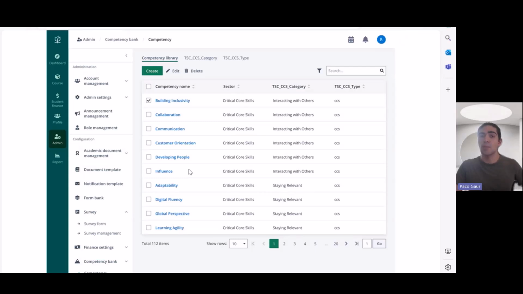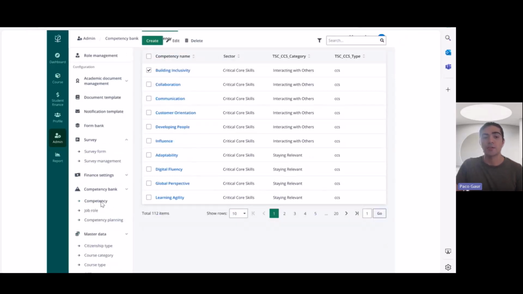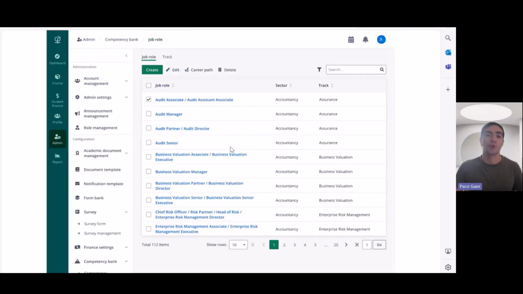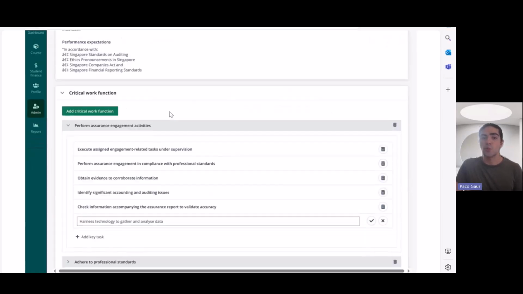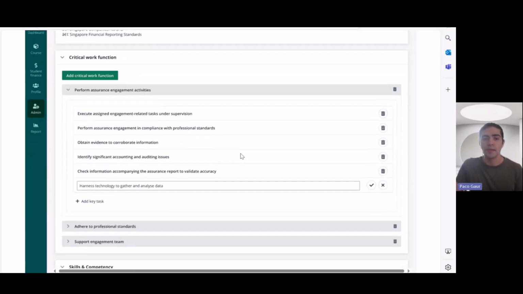Once this competency bank has been filled out, Matt can then create job roles. So for Matt's organization, there is a pretty big audit department, and Matt can simply add in the different audit roles, such as audit associate, audit manager, audit director, and so on. For a particular job role, he can add in the critical work function of this role.